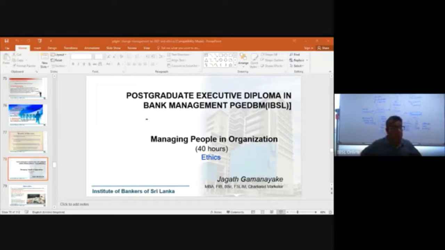Otherwise, usually you need to maintain this confidentiality. And also remember, another important thing is that confidential information acquired during the provision of professional services must not be used for personal advantage. So that is also something you need to remember.